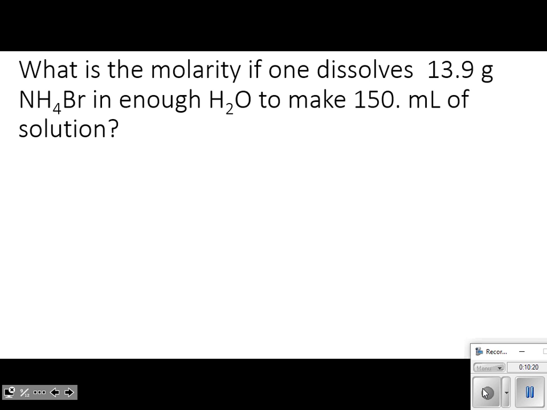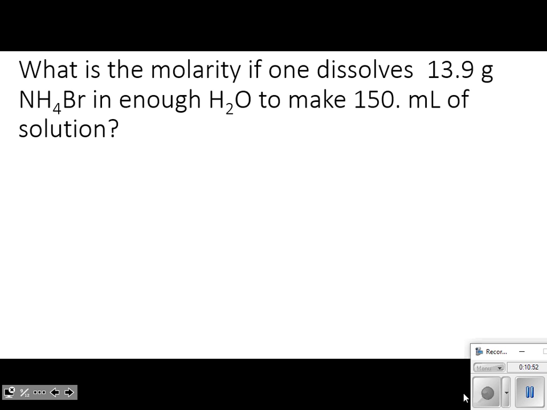I can convert the 150 milliliters into liters. Okay, good idea. I need to do that. Okay, what else do I need to do then? Cody? Convert the grams to moles. So I need to find what? I need the molar mass of ammonium bromide, right?